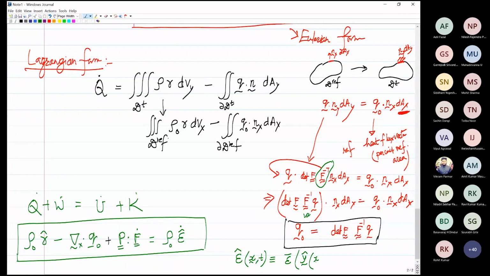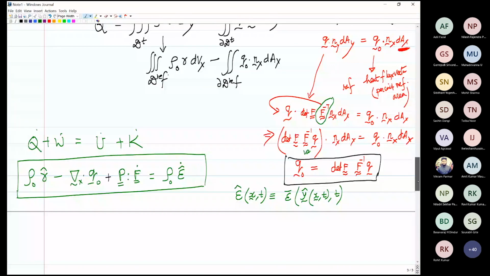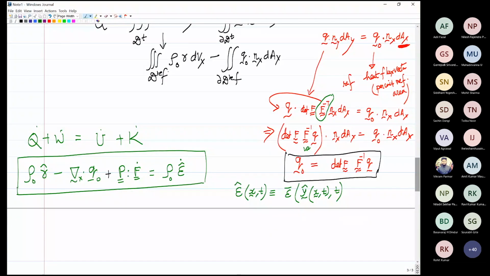Likewise for small r also. So small r hat, which is Lagrangian, a function of x comma t, is equal to small r bar of y hat of x comma t, comma t. So that's the Lagrangian form of the first law of thermodynamics.